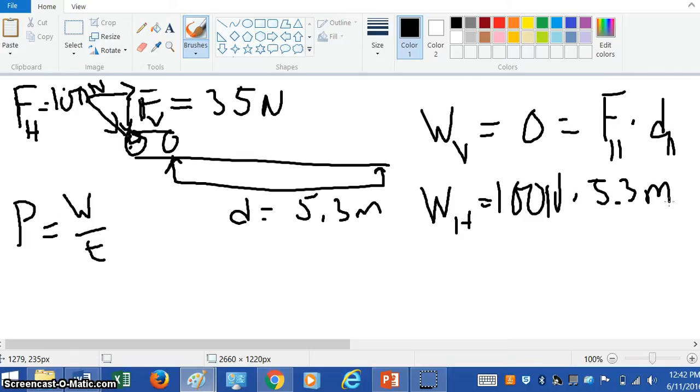All right, and that's of course going to be 530, and it's newtons times meters, which are better known as joules. So that's the amount of work that's done by this horizontal force over here. And as we already said, the vertical force is 0.